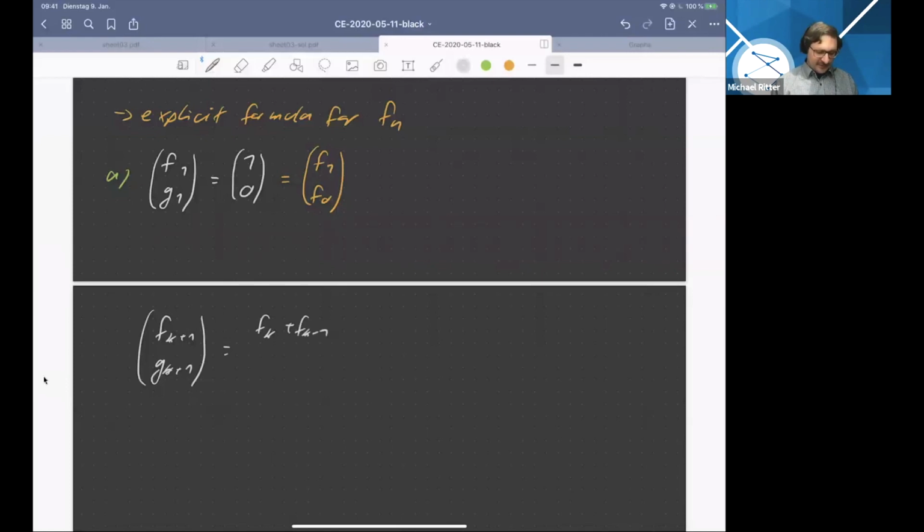And we just define gk plus 1 to be equal to fk. So this fk minus 1 can also be expressed as gk. gk plus 1 is fk, so gk is fk minus 1.